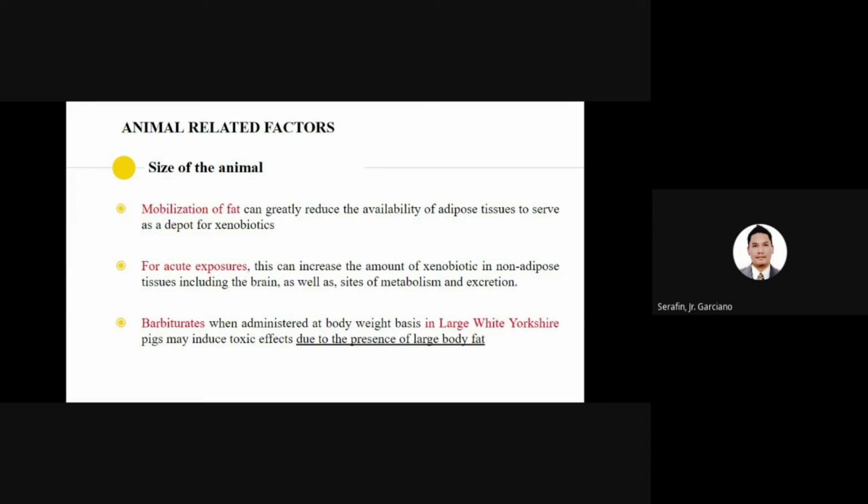Barbiturates, when administered on a body weight basis in large white Yorkshire pigs, induce toxic effects, not due to the breed itself, but because they have a large amount of body fat when compared to other breeds of pigs like Landrace and Pietrain. So they have more toxic effects when compared to other domestic animals with barbiturates.